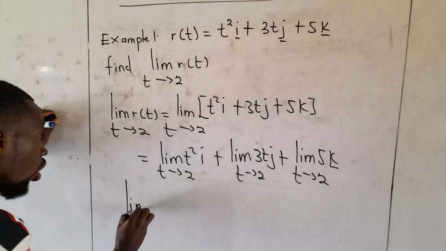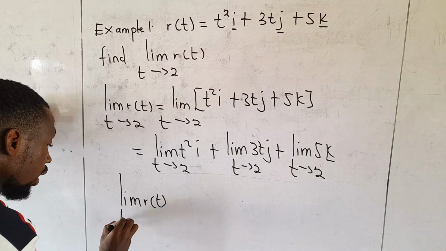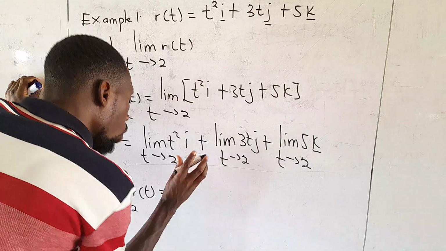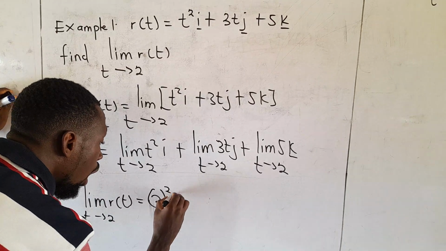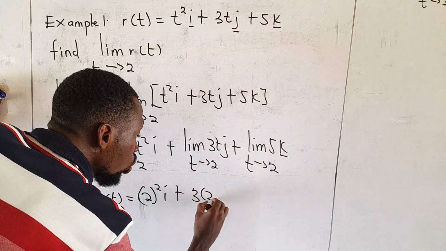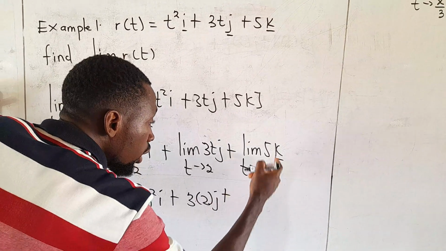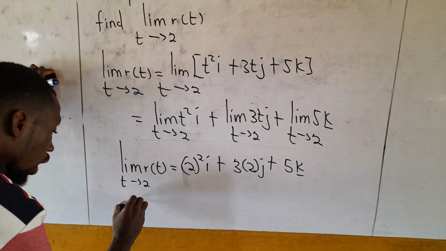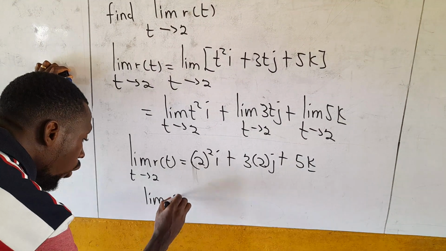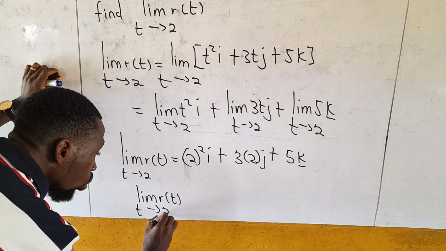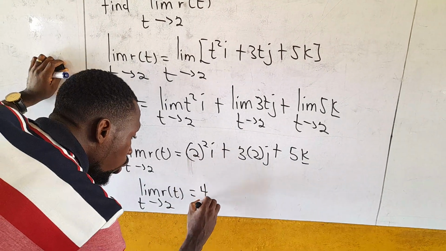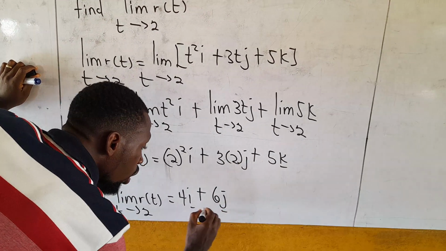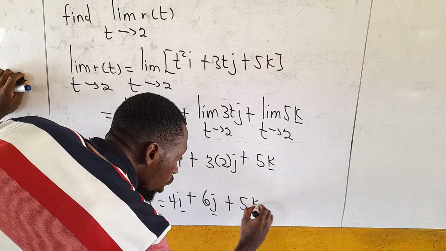So our limit of r of t as t approaches 2 will just be equal to, we substitute here, so we get 2 squared i plus 3 times 2 j plus, since there is no t component there, we consider that as a constant. 2 squared is 4, so that will be 4i, plus 3 times 2 is 6, that will be 6j, plus our 5 in the direction of k.